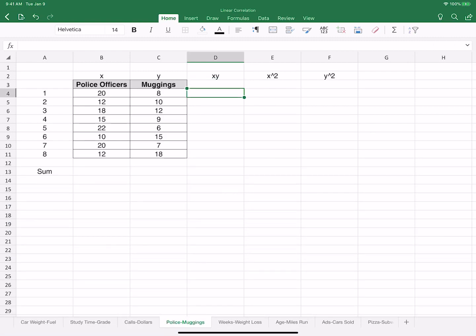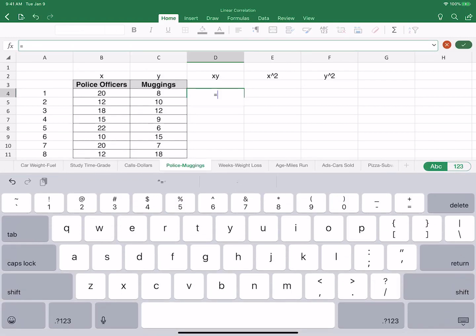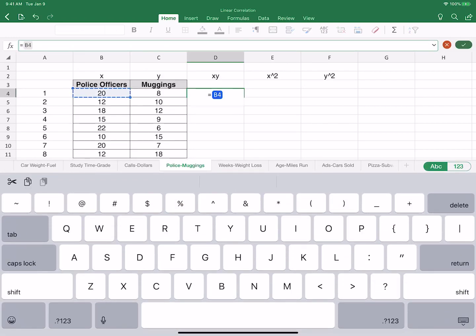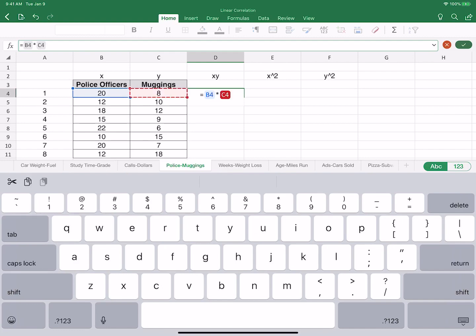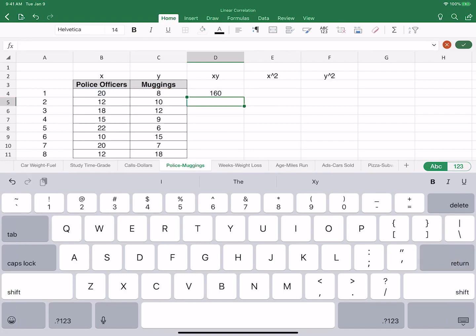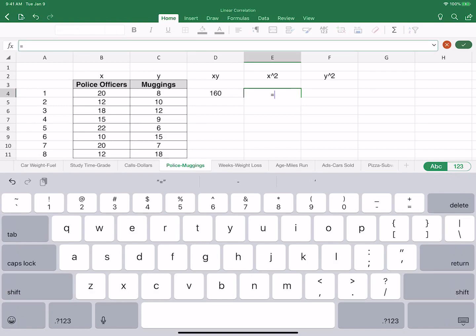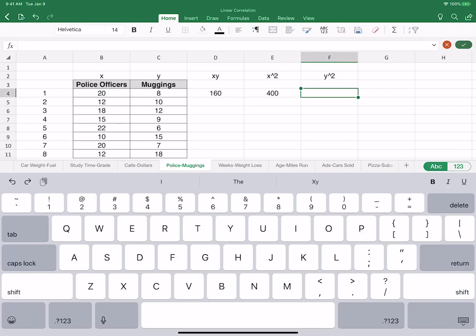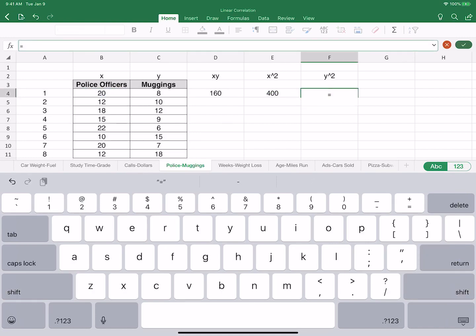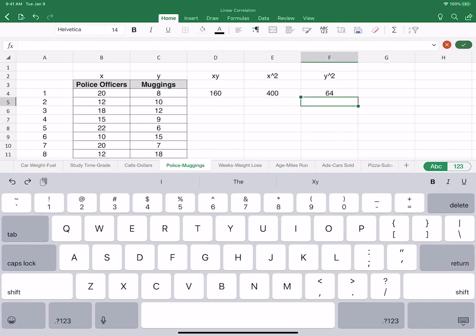Here, we're going to have to enter all this data again. We get equal 20 times 8. Is that right? Return. I'm going to do this a little different in this example. I'm going to say equal, here's the x variable, and I raise that to the second power. Is that right? And then here's the y variable, and I raise that to the second power. Okay.